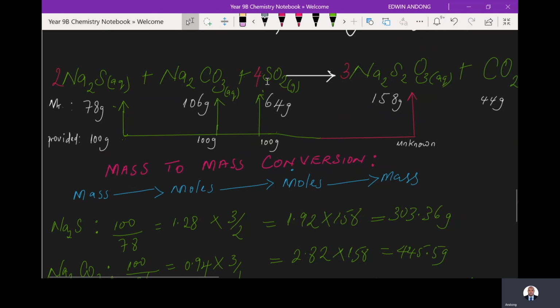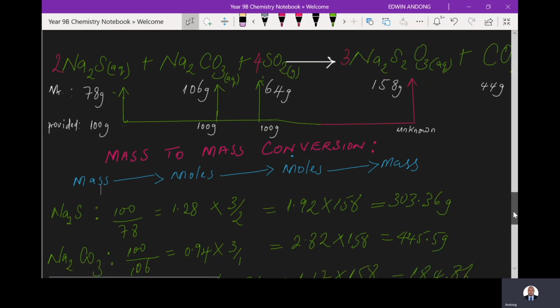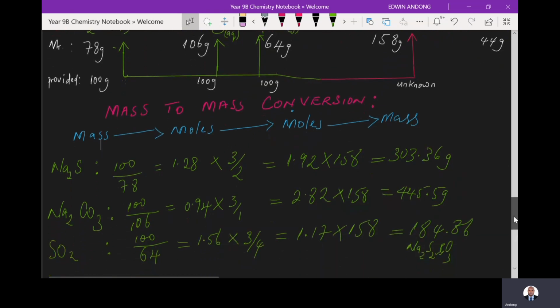So it will be 3 divided by 4. That's the coefficient of sodium thiosulfate divided by the coefficient of sulfur dioxide. If we multiply 1.56 by 3 over 4, we will have 1.17 moles of sodium thiosulfate.